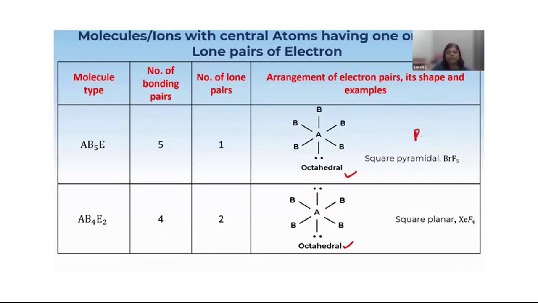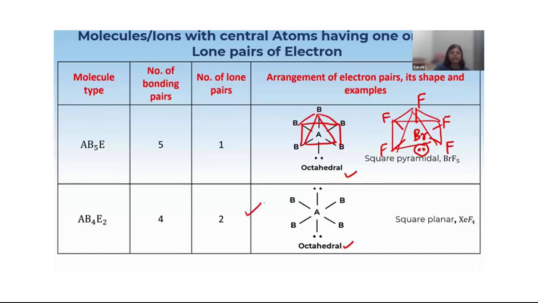I'm going to draw it here: bromine, and 5 fluorine atoms, and one lone pair at the bottom, because bromine has 7 electrons in the outermost shell, so it is making bonds with 5 and the other 2 are here. If I join it, it looks like a square pyramid, a pyramid which has a square base. So we call it square pyramidal.